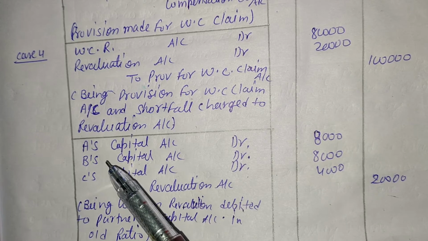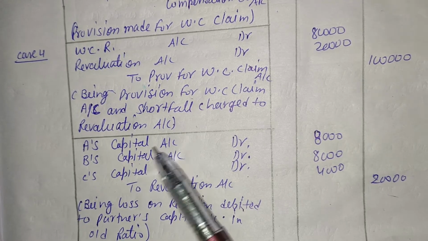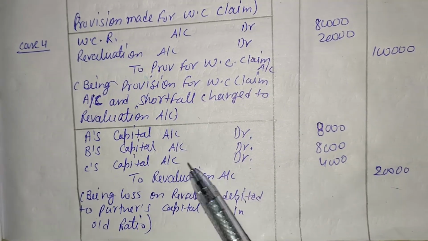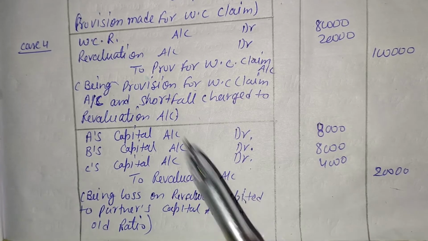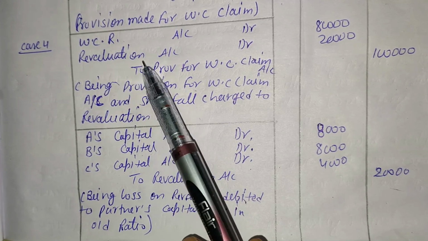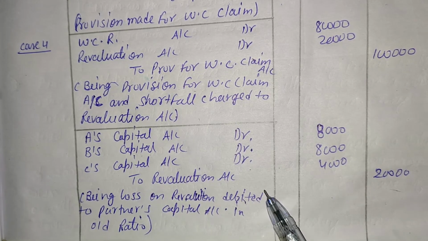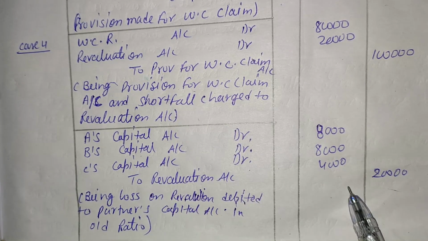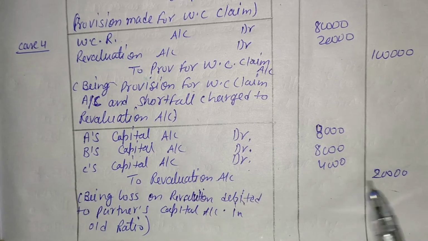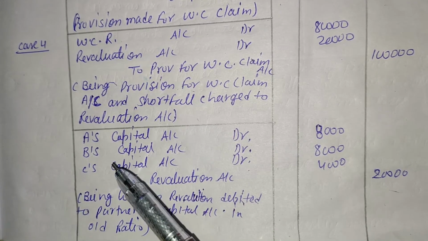Now the second entry is A's capital account debit, B's capital account debit, C's capital account debit to revaluation account, because here revaluation was debited, so the opposite of that, revaluation is credited. So revaluation is credited in that case, and that 20,000 is divided among the old partners in the old ratio. And who are the old partners?